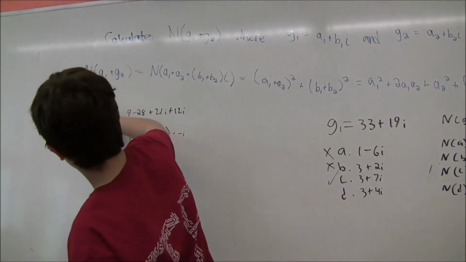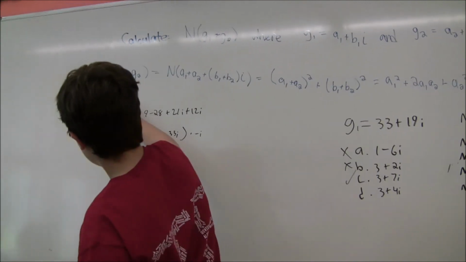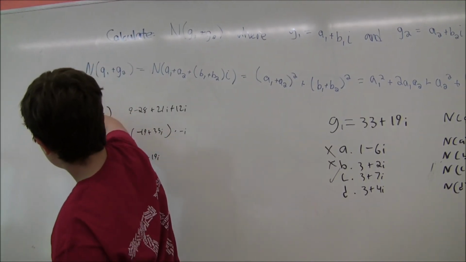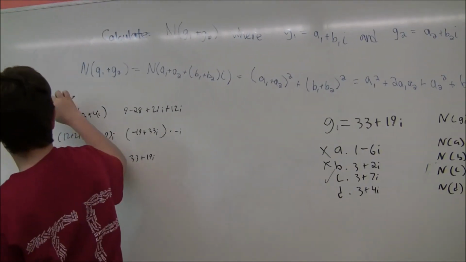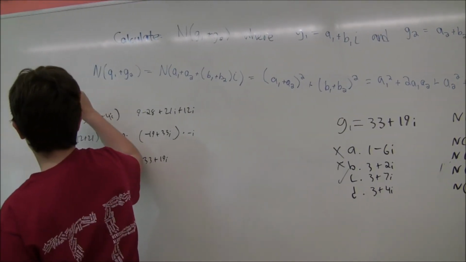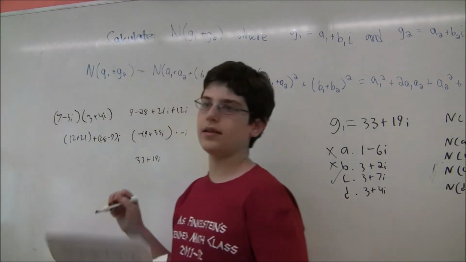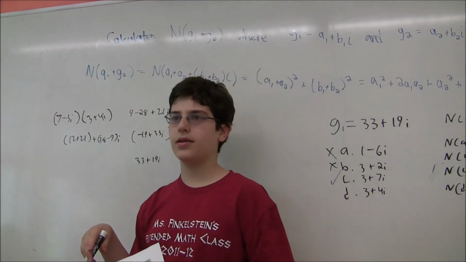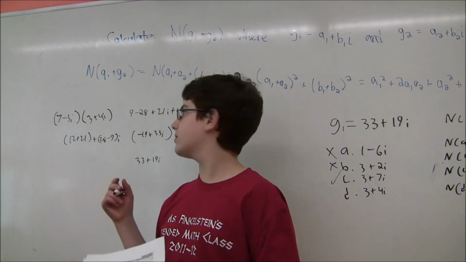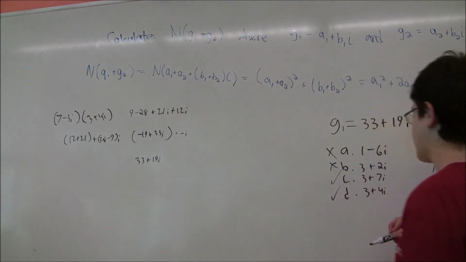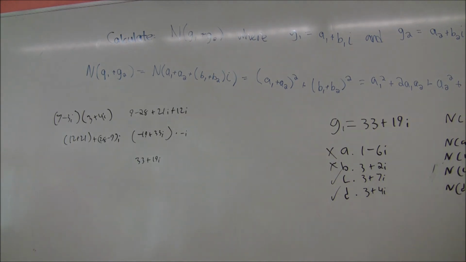So now instead of plugging in that minus i here, I'm just going to stick it in here. And we get 7 minus 3i. And that obviously will work, because I just divided by minus i and multiplied by minus i. So D works too.